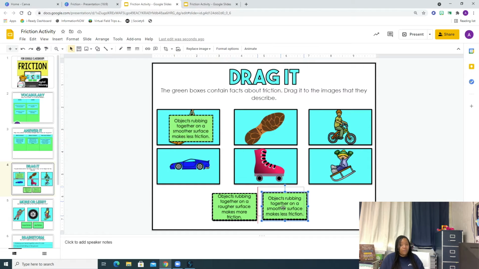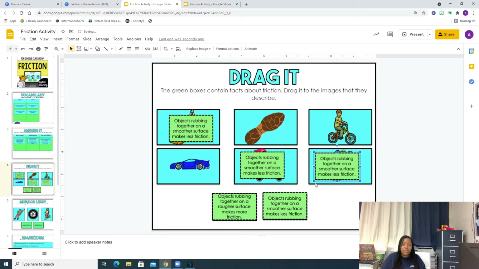If you've ever been to a skating rink, you'll notice that the rink is very, very smooth to allow for less friction so you can move faster. Then here we have someone who is having a wonderful time on a sled. Again, that slippery snow sometimes has barely any friction. It can be very slippery sometimes, but the surface is a lot more smooth. So those are all of our choices for less friction.